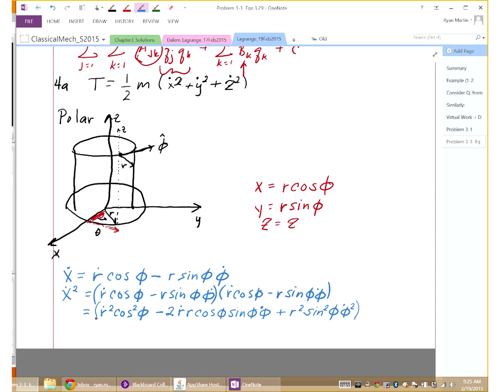So what I would do is tabulate these, and what I mean by that is I would collect all of my r dot terms, all of my theta dot terms, probably r squareds, theta dot squareds, phi dot squareds, and all of my cross terms, r dot theta dot, r dot phi dot, theta dot phi dot, and then see if the components cancel or I have to keep them.